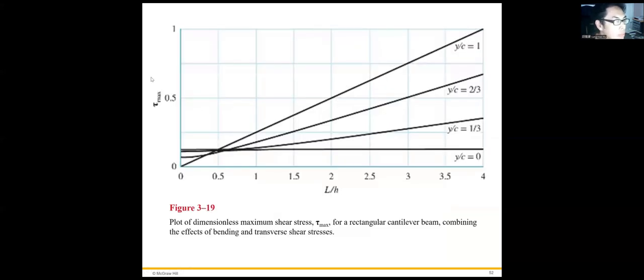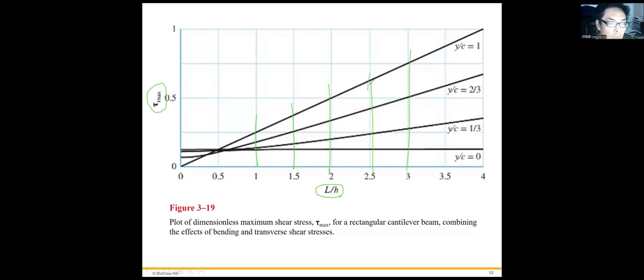So from the previous equation, we can find the relation between the maximum shear stress, which includes the bending and the transverse shear, and the geometric ratio L over h. So what does this figure tell us? L over h equals 1, 1.5, 2, 2.5, 3, and so on.